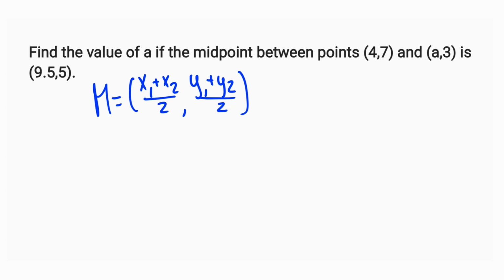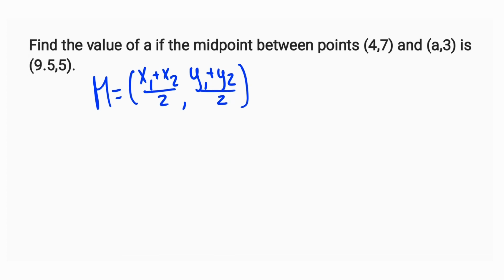The question is, what are we going to do? Well, we can plug in values, but we're looking for A. We don't know A, so we need to start plugging in values and figuring out, well, what do we know, what don't we know, and how are we going to figure out what we don't know.